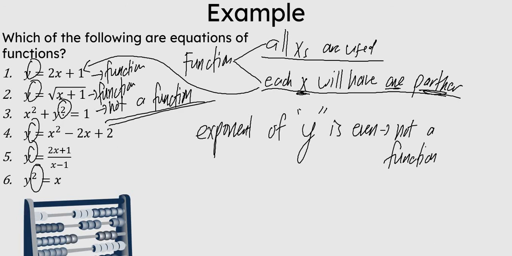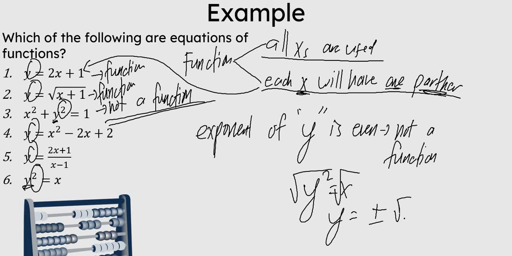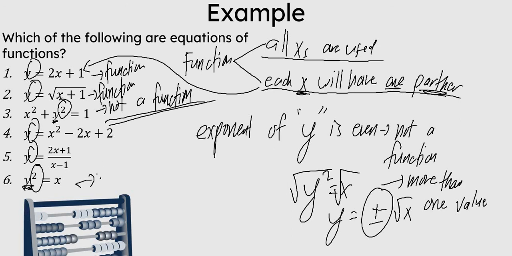Because if we solve it, let's say we have y squared equals x, and we solve only for y, we will get y as positive and negative, meaning we have more than one value. So if the exponent of y is even, just like number 6 and number 3, they are not functions.